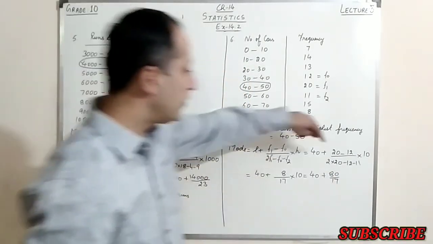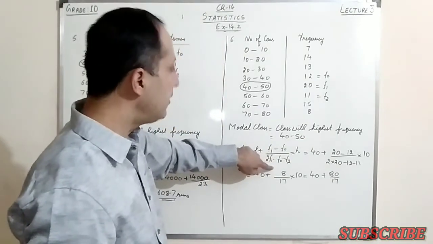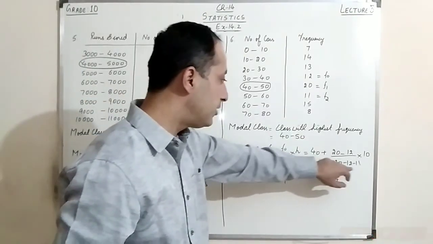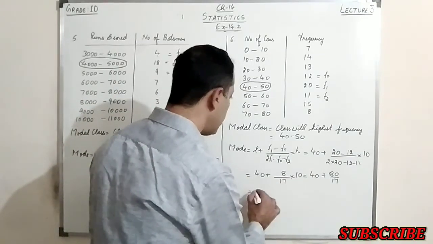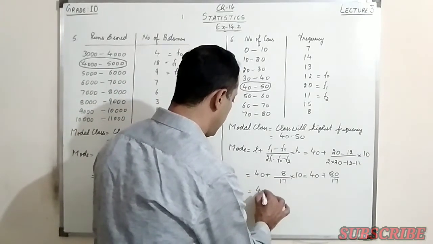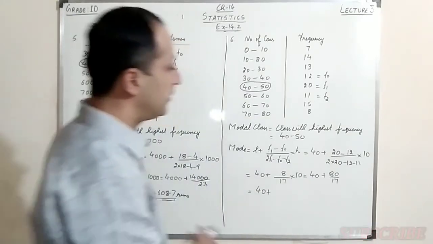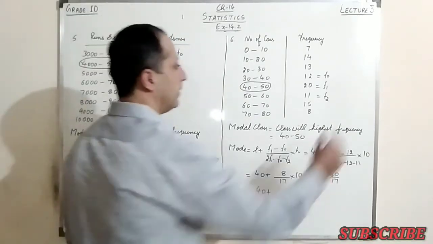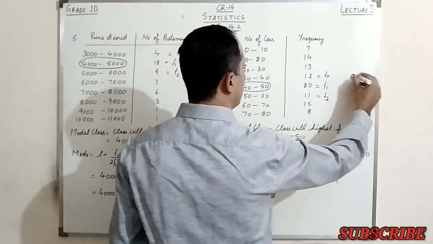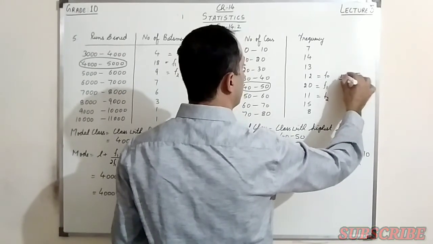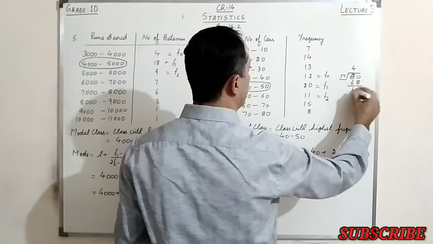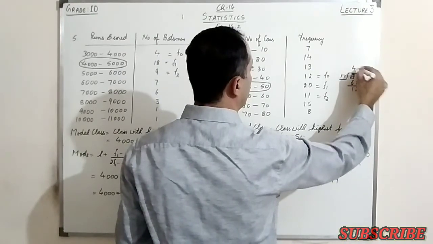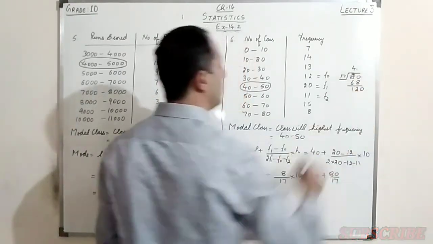Let's check it out. This is 20 minus 12, so that is 8, and this is 40 minus 23, we get it as 17. Let's divide this. So this will be 40 plus, so we divide 80 by 17. 17 goes by 4, this is 68. Then we have 12, put a decimal, 0.